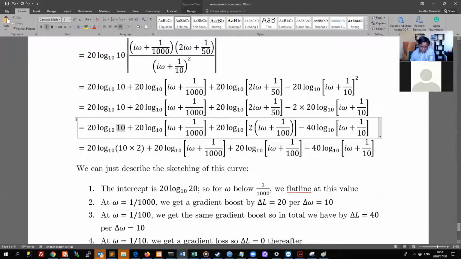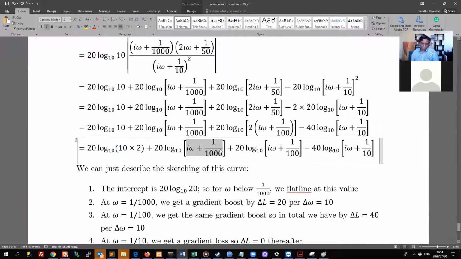So the 20 log 2 I'm grouping in here with the 20 log 10, by writing 10 times 2. And then the rest is just the same. Now we don't have the 2 in this term anymore, and so it's all written in this form.